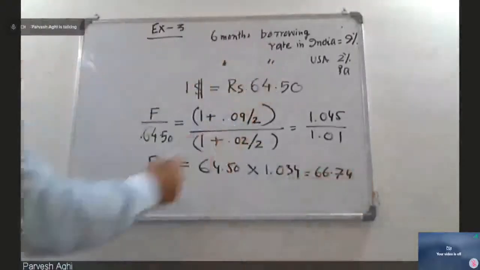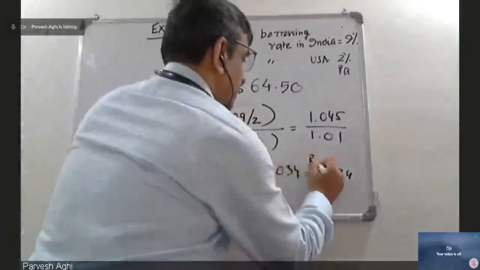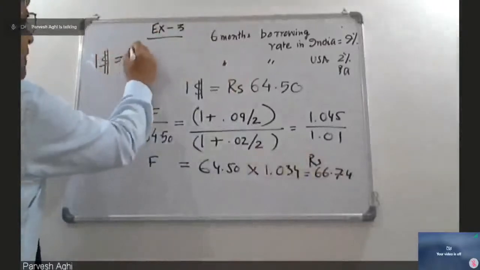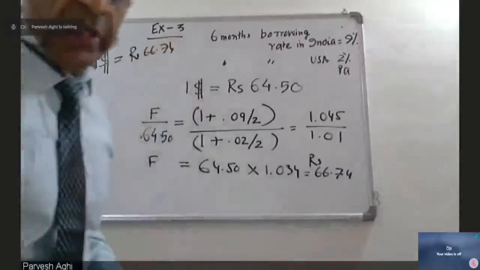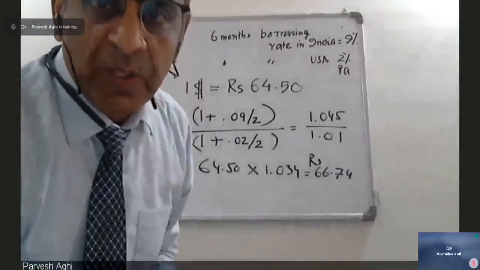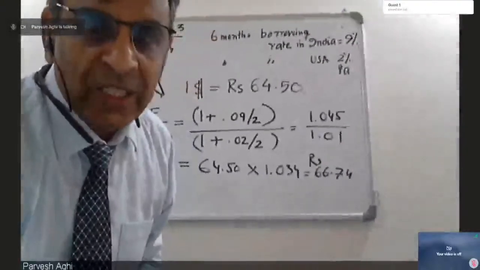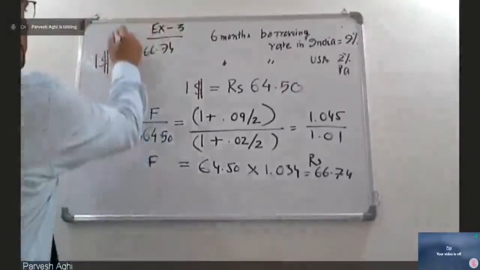So that means the forward rate is 66 rupees 74 paisa. That means $1 is rupees 66.74. This is the forward rate which is going to be there. The question asked me to calculate the 6 months forward rate.